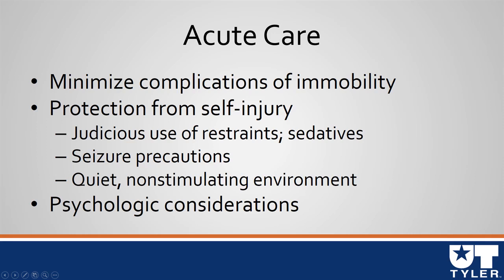We also need to look at the family members and assist them in having some participation as appropriate, and also have them work with a social worker or chaplain, and of course involve the family in any decision making whenever possible.